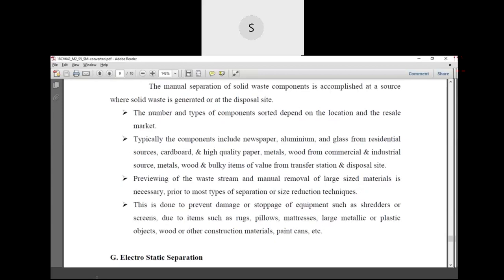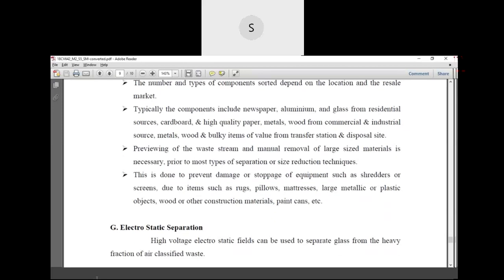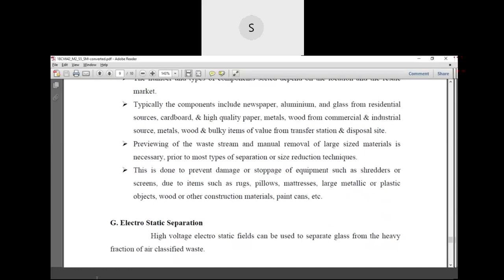This is done to prevent damage to equipment such as shredders or screens due to items such as rugs and other materials which are not amenable to processing in those equipments.